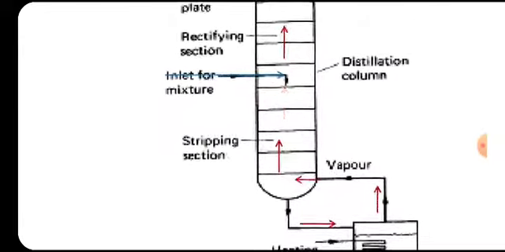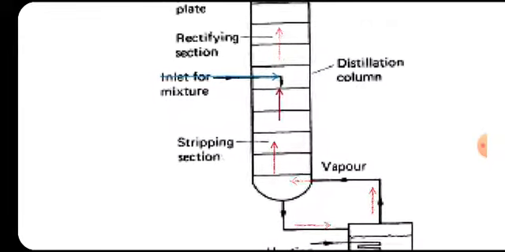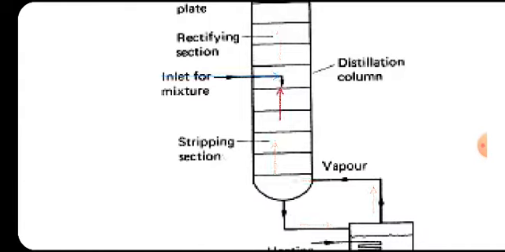There will be a counter current contact between the mixture droplets and the vapors. Vapors are rising from bottom to top and the mixture is coming from top to bottom, so there will be counter current contact between the steam vapor and the liquid droplet.